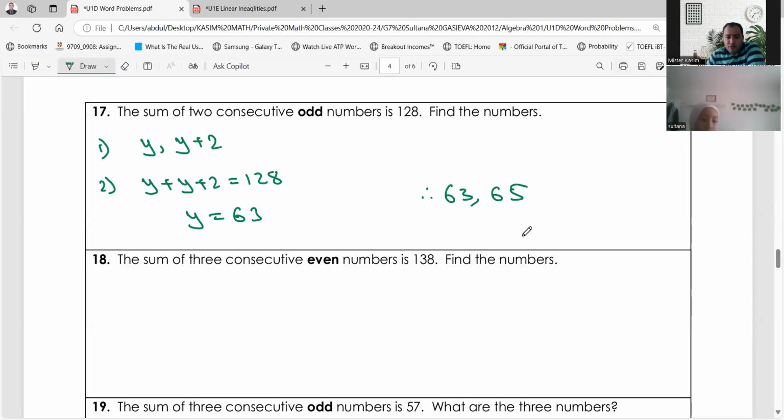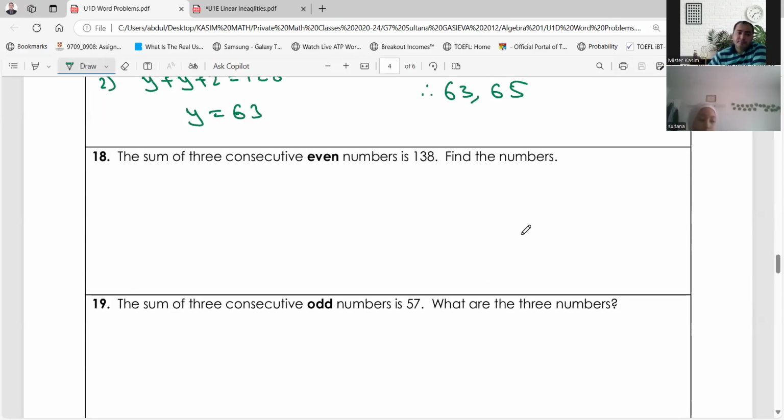And how about question 18? Did you finish it or are you still solving? I was almost finished with it.